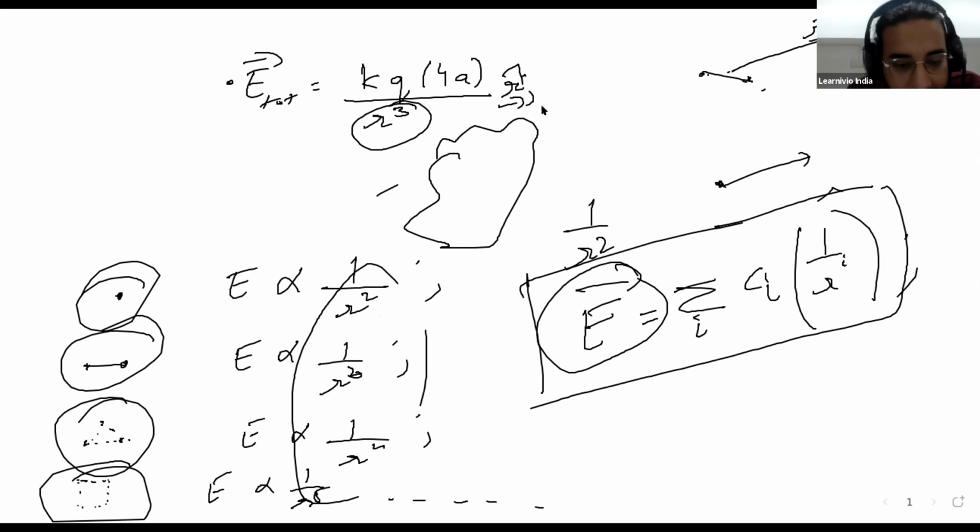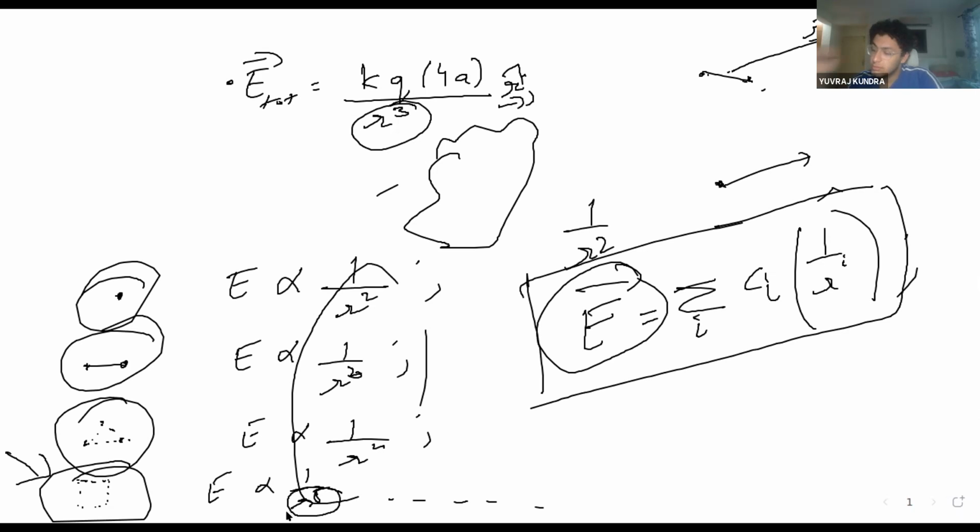There might be a direct question where you're given a quadrupole and they just ask, which will be the electric field? Just by seeing the quadrupole, you should be able to know that it's going to be r to the power 5. Oh, r to the minus 5, right? Yes, 1 by r to the power 5, I meant.